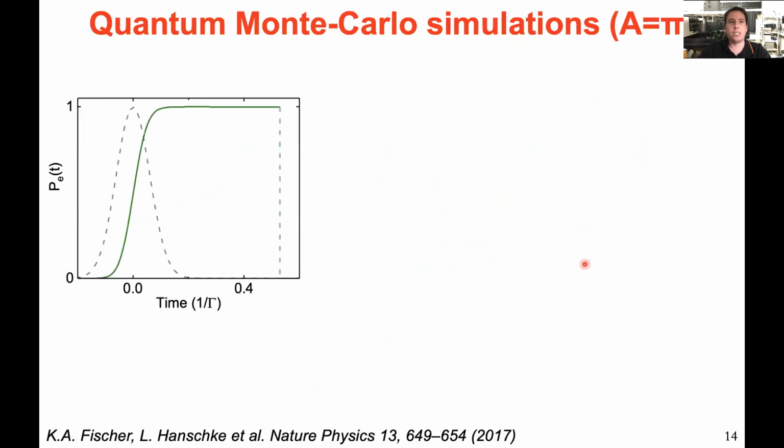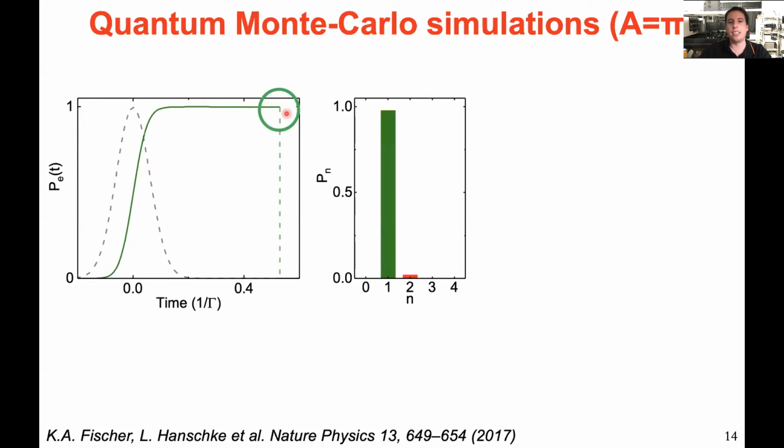So now to see what's going on here, we can look at quantum Monte Carlo simulations again, because it's the best visualization. For the quantitatively correct values, it's of course easier and faster to integrate the two-time correlations. When you set a pulse area of pi, the most likely trajectory is that your system is excited when the pulse arrives and then later on emits spontaneously a single photon.